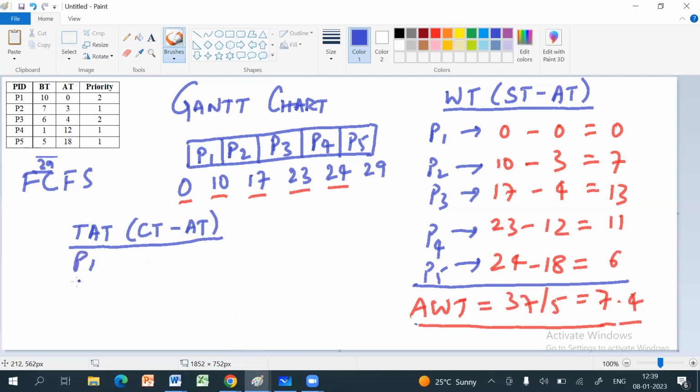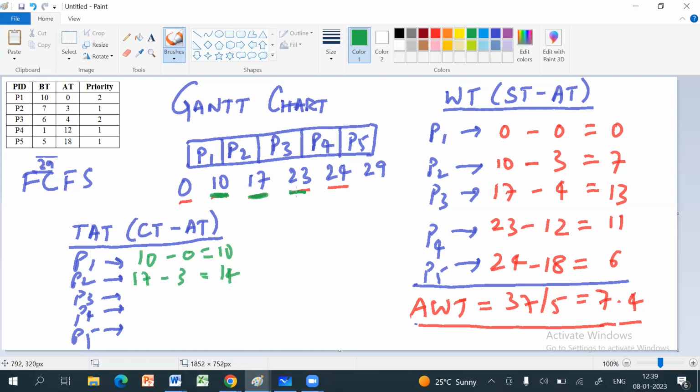So for each of these processes, P1, P2, P3, P4 and P5, we will now compute the turnaround times using the formula completion time minus the arrival time. P1 has completed at 10, so 10 minus its arrival time, which is 0, equal to 10. Similarly, P2 has completed at 17. 17 minus its arrival time as per the table, 3, equal to 14.